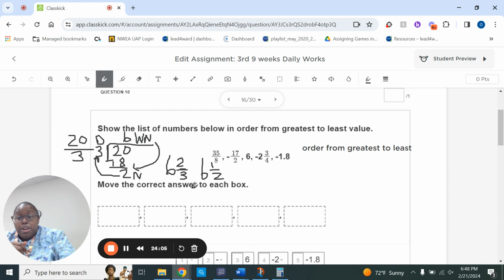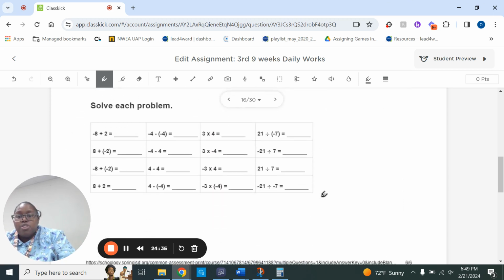Or depending on how many fractions I had, I could just do the butterfly method to compare these 2 fractions to figure out which one is bigger, which means that number is bigger. In the case of this one, it would be 3 times 1, which is 3, 2 times 2, which is 4. This one is bigger than this one, so this one would go first if these were my numbers, and they're not. So I hope that explanation helps you understand what you need to do for this particular problem.